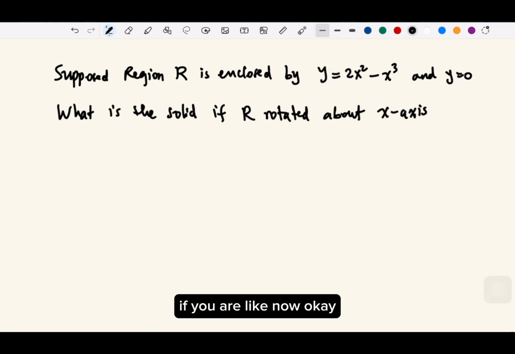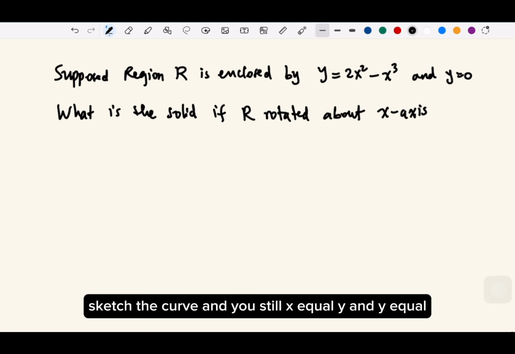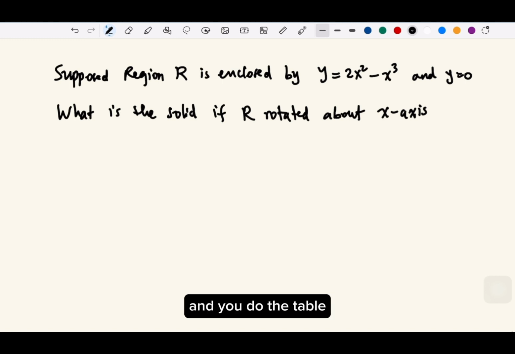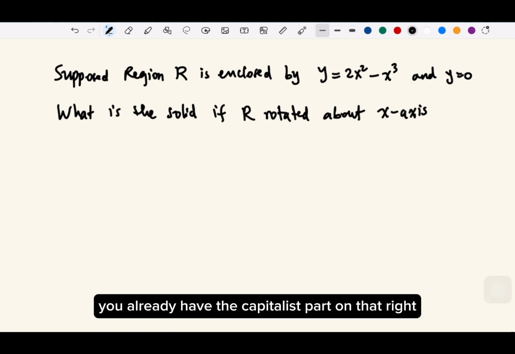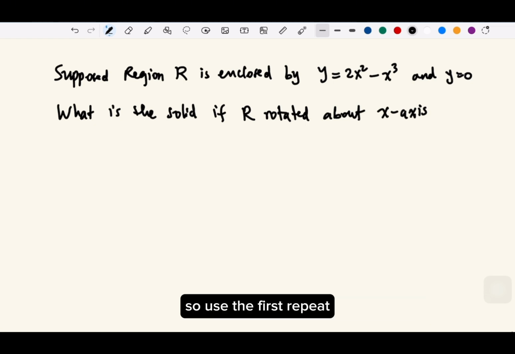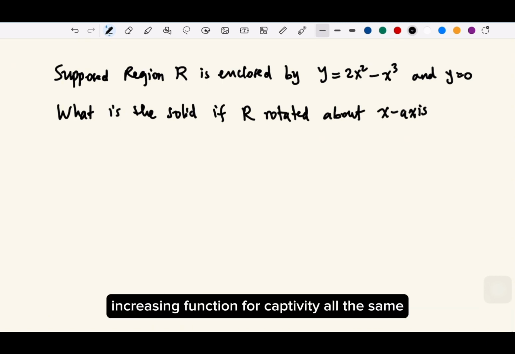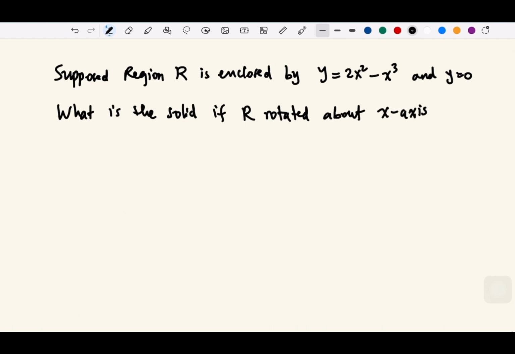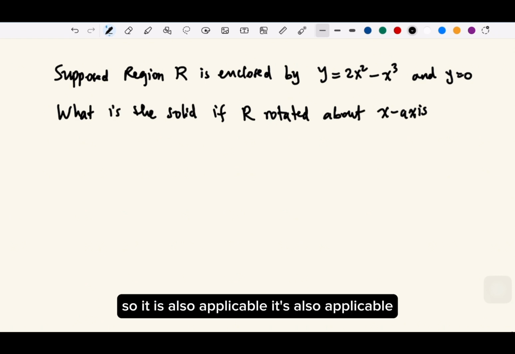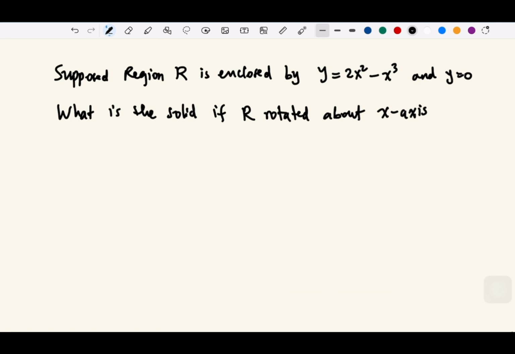You find the intercepts, make the table. You already have the calculus part on that, right? Use the first derivative, second derivative, find the increasing and decreasing intervals, concavity, all the things. So it's also applicable.